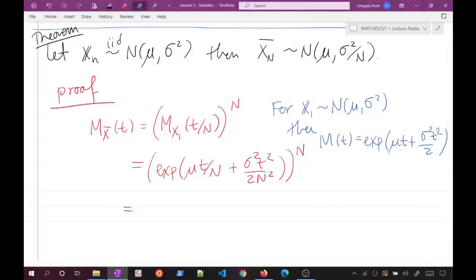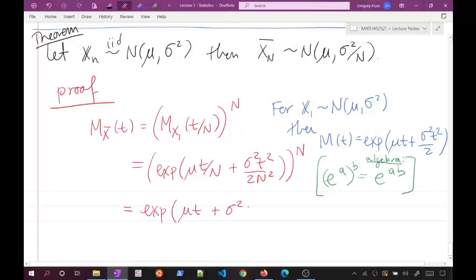Algebra says that e to the a to the b is e to the ab. And if I do that in this case, I get exponential, I can push my n in. That's just mu t plus sigma squared over n, t squared.